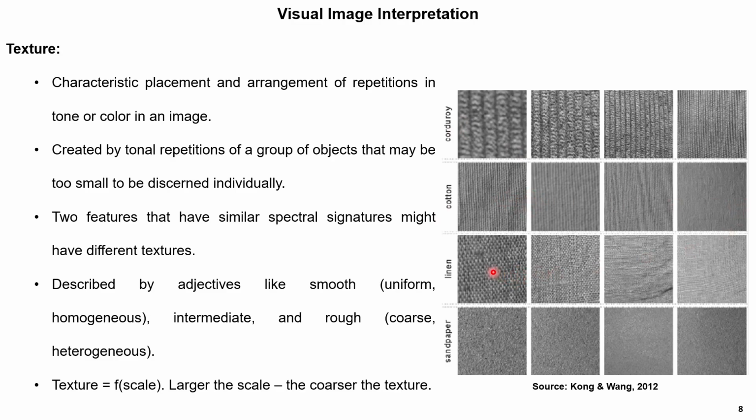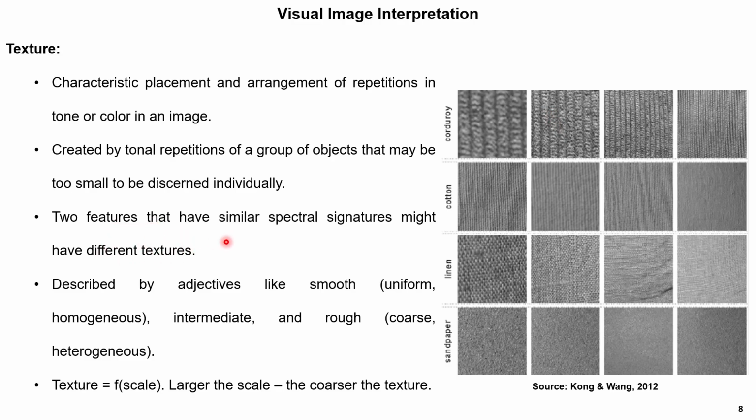So by looking at the texture, an experienced visual image interpreter can say that this particular texture belongs to this particular crop, simply by visualizing. And these are created by tonal repetition. So here you have dark tones, then in the middle you have the light tones of gray. It is arranged in some orderly fashion.